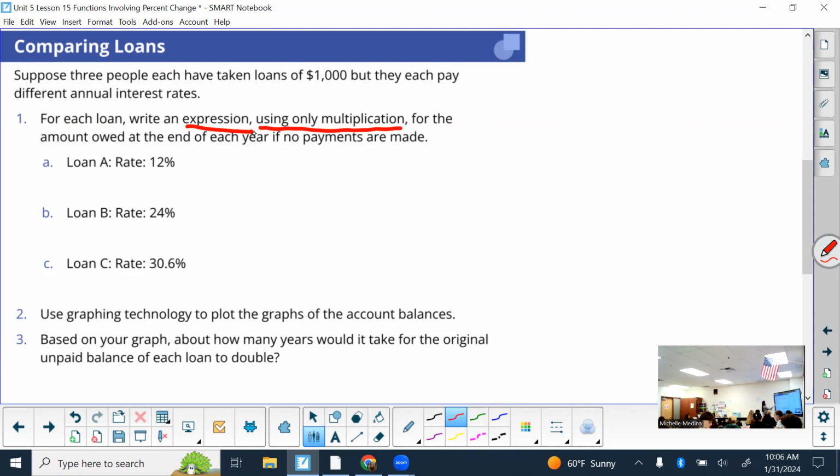What you'll do after you set it up is you're gonna graph them all using graphing technology, so remember to adjust your window how I showed you. And then see how many years it would take for the original unpaid balance of each loan to double. Okay, so do that. I'll give you, I don't know, 5 minutes.